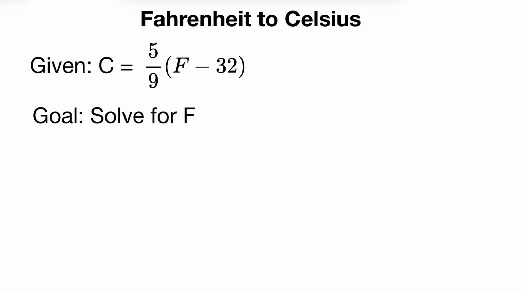We have C equals 5/9 times the quantity F minus 32. Okay, and we're going to multiply by its reciprocal, 5/9 by its reciprocal of 9/5, on the right and on the left.